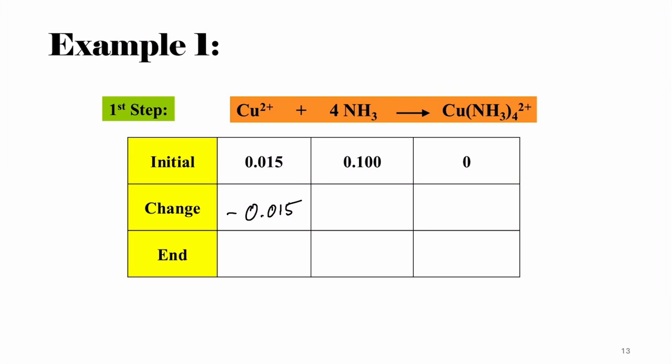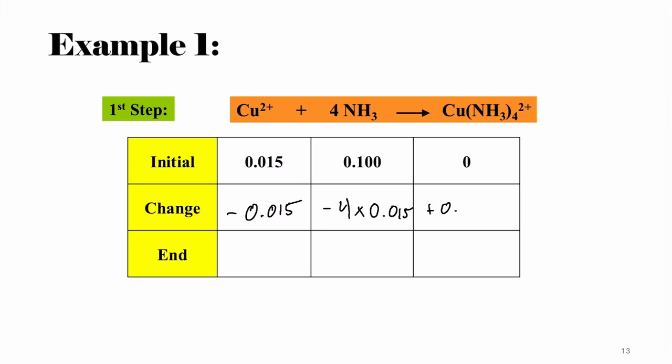For every mole of copper we lose to the complex ion, how much of the ammonia should we use? 4 times that amount, right? So our change is going to be 4 times 0.015. And then how much complex ion should we make from that? It should be a 1-to-1 ratio of copper to the complex ion, right? Because the stoichiometric coefficient for the complex ion is 1.